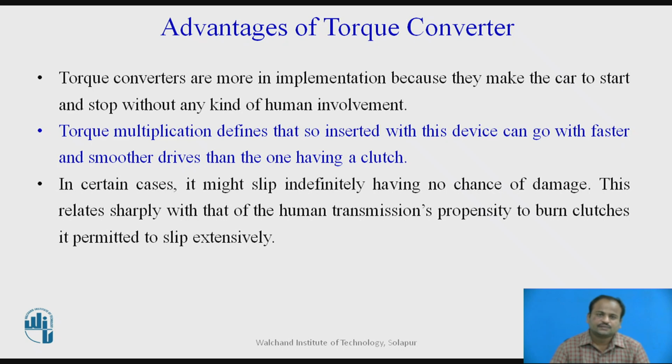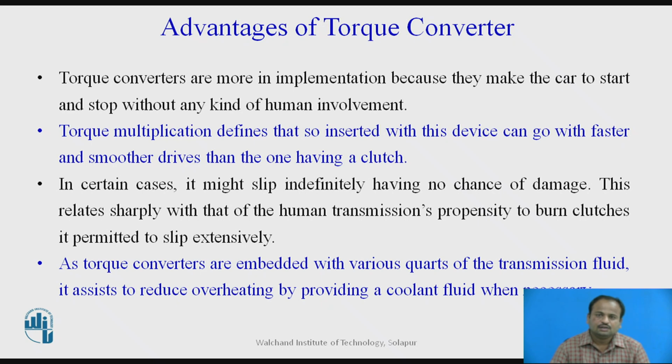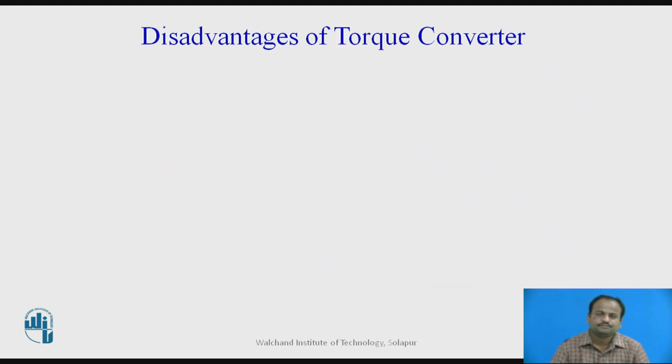This contrasts sharply with the manual transmission's propensity to burn clutches. It is permitted to slip extensively. As torque converters are embedded with various sorts of transmission fluid, it helps to reduce overheating by providing a coolant fluid when it is heated up.